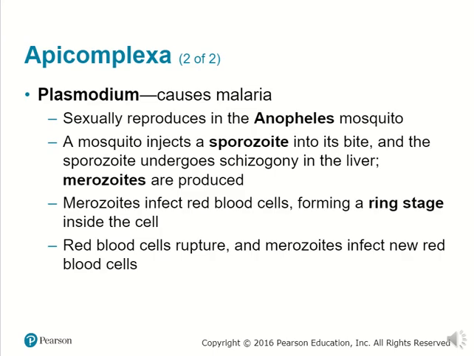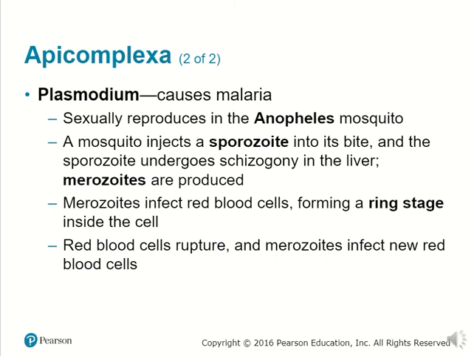Plasmodium species are examples of apicomplexa which cause malaria. They sexually reproduce in the Anopheles mosquito. When a mosquito injects a sporozoite through its bite, the sporozoite undergoes schizogony in the liver. Merozoites are produced afterwards.